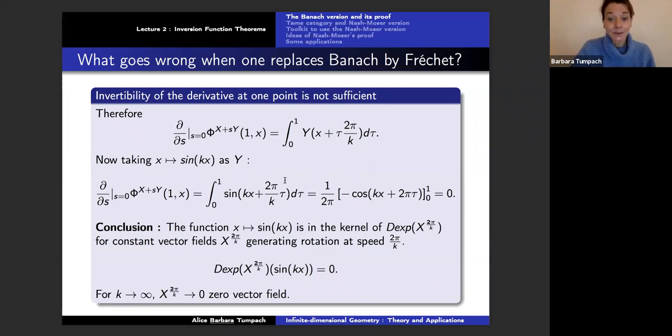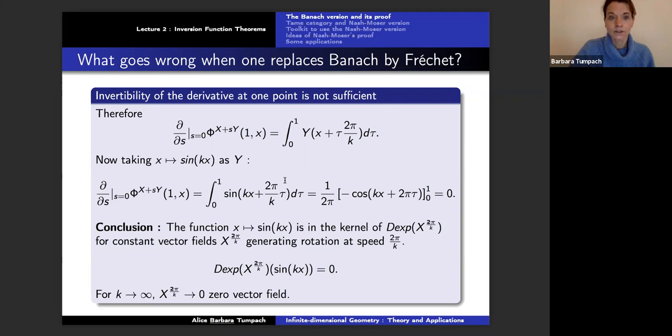Okay, so now the conclusion is that with this constant vector field given rotation, which can be as small as we want, there are directions given by these sine functions such that the differential is 0 in this direction.